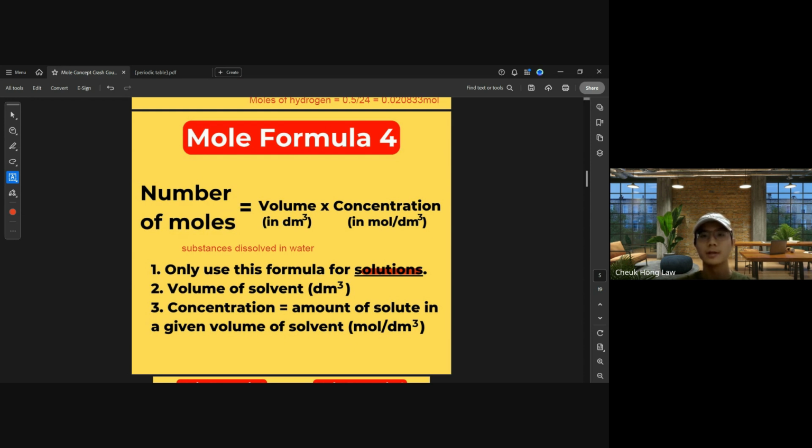So that is a solution. So usually they give you the volume and concentration. Okay, then what you want to do is multiply them together in order to find the number of moles. Okay, and when you multiply them together, you need to make sure that the units are dm cube and mole per dm cube.